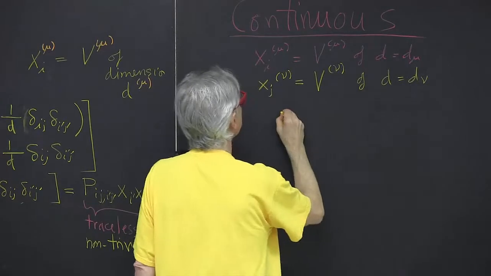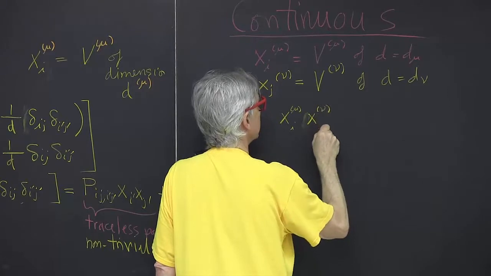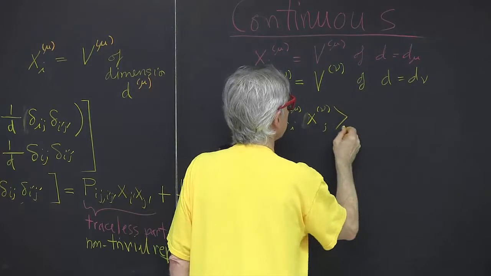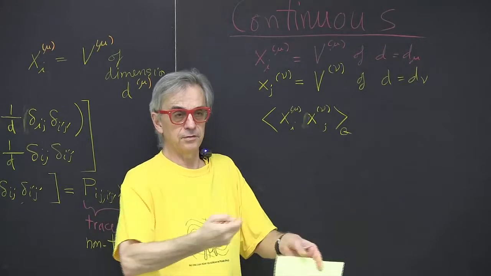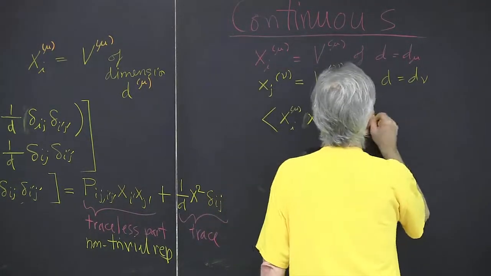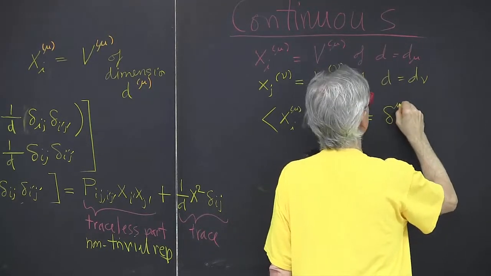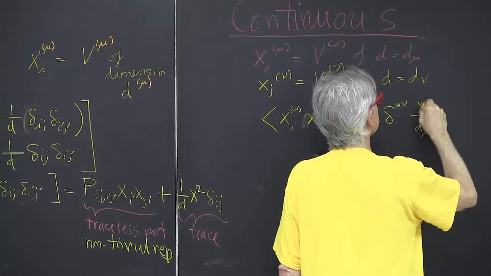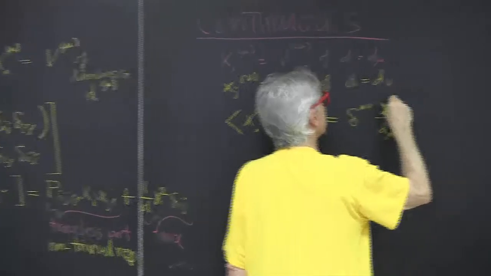Then, if I look at x in U of j, and I average over the group action, I cannot form a singlet, because I cannot dot 2 different representations. So I find that this can give me a result only in the case in which this combination does contain the trace part.